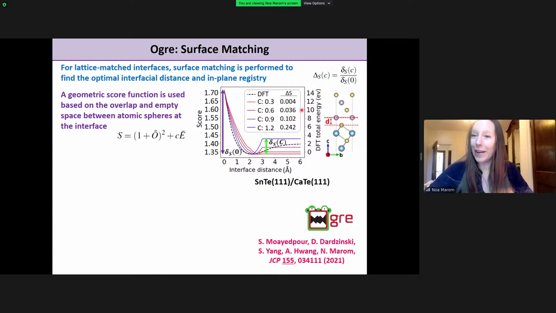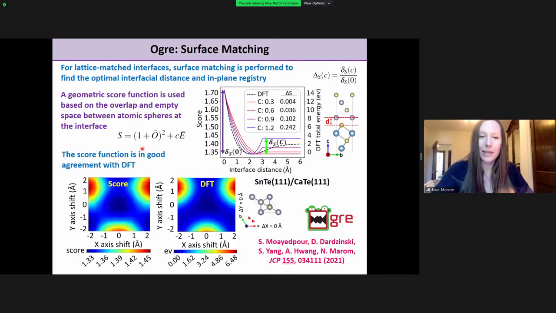We find empirically that when the ratio of these two distances is equal to 0.1, you get the best agreement with DFT in the position of the minimum. This is an example for the tin telluride, calcium telluride interface that you can see here.